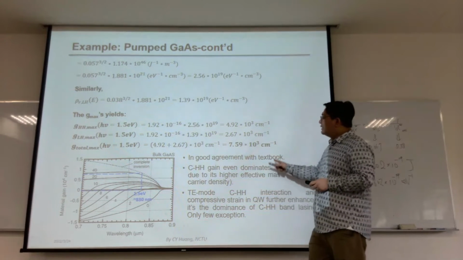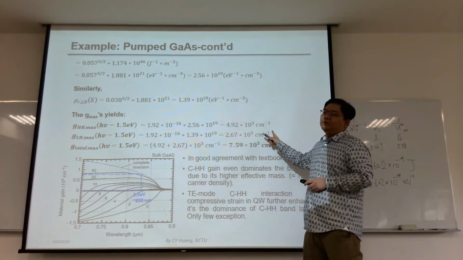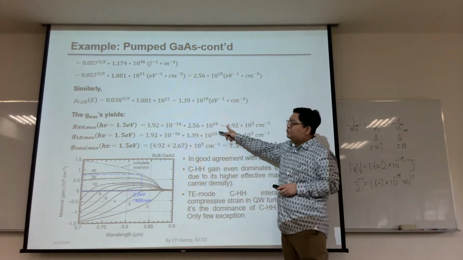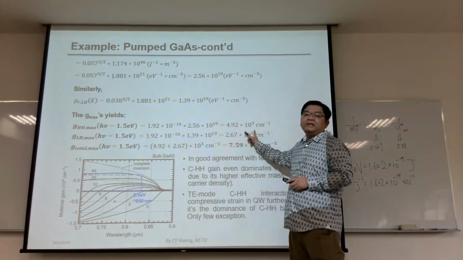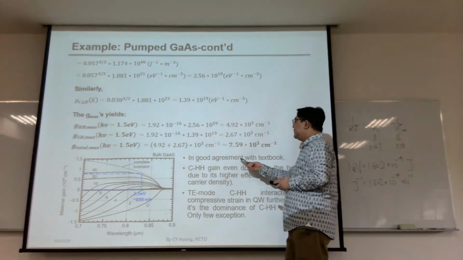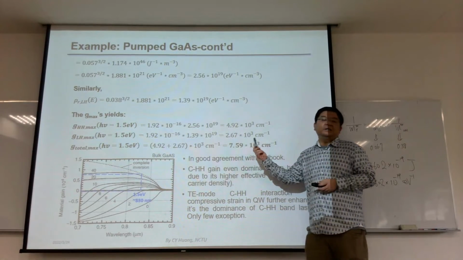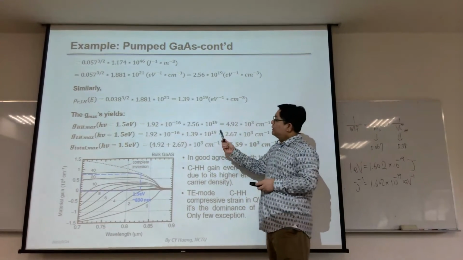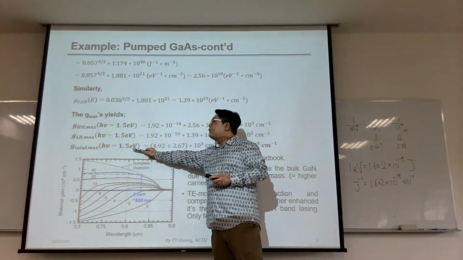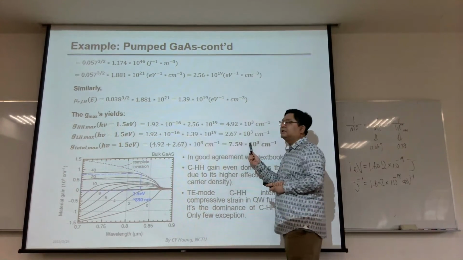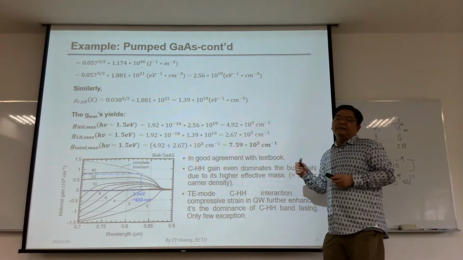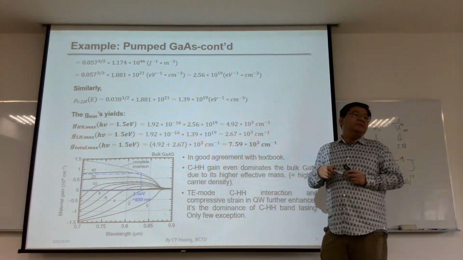Alright, so for the total gain, you need to count both the transition between conduction band to heavy hole and the light hole simultaneously. So the maximum gain of gallium arsenide at complete inversion, at 1.5 eV, is around 7,600 per centimeter.